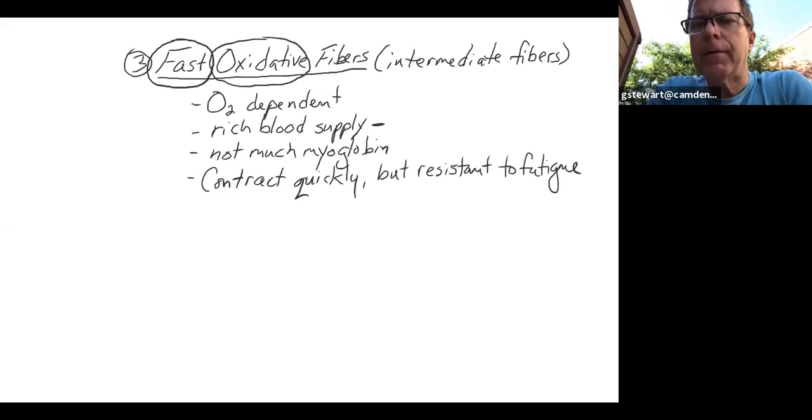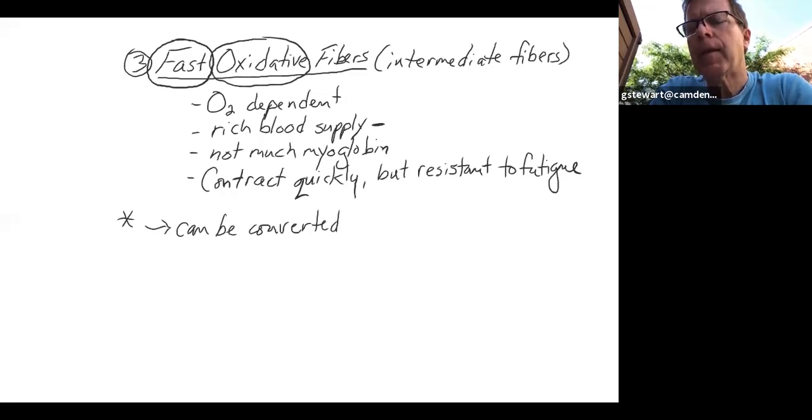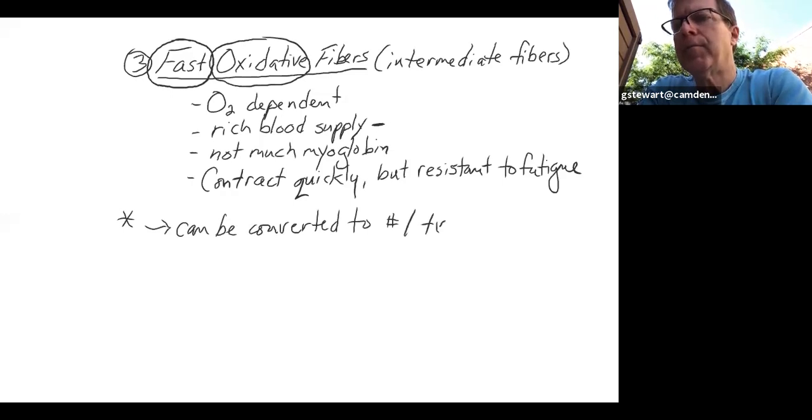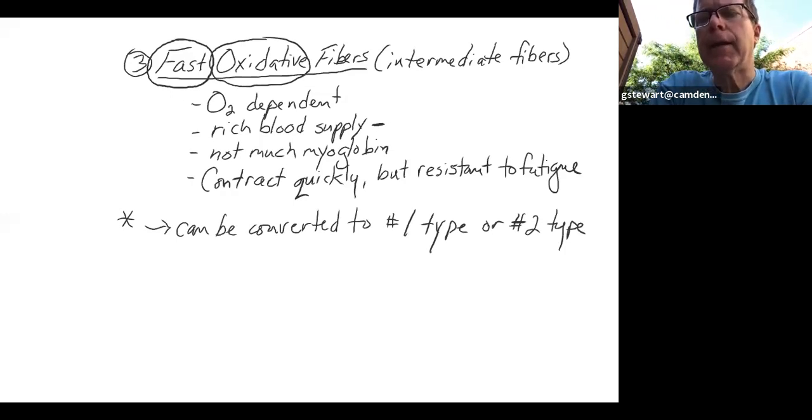The last thing I'm going to say about these fast oxidative fibers, these intermediate fibers, is they can be converted to number 1 type, slow oxidative, or number 2 type, which were the fast glycolytic, depending on our activities.